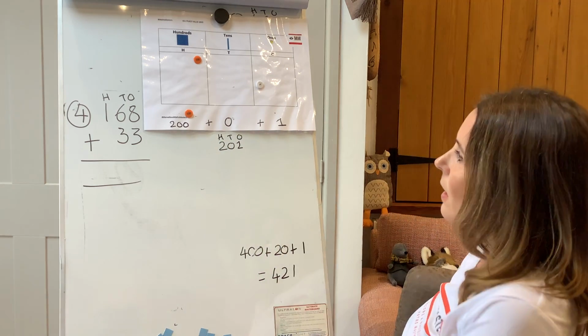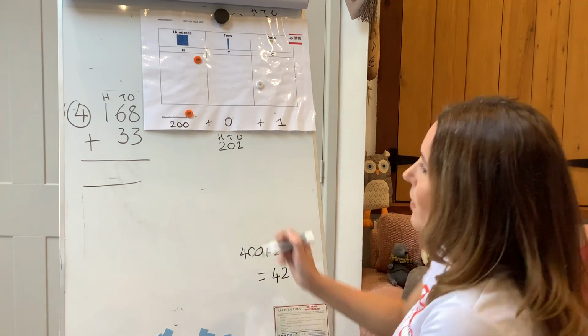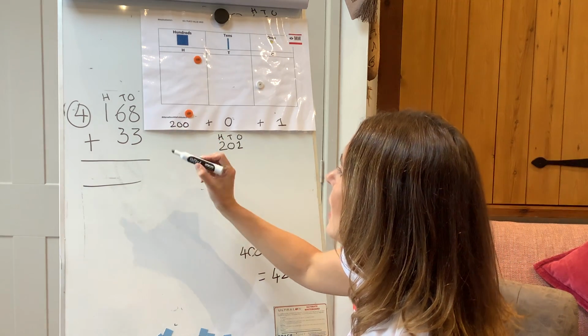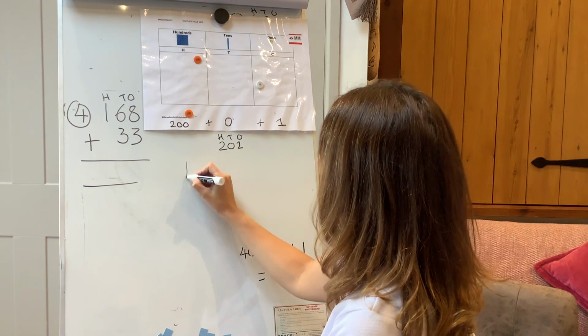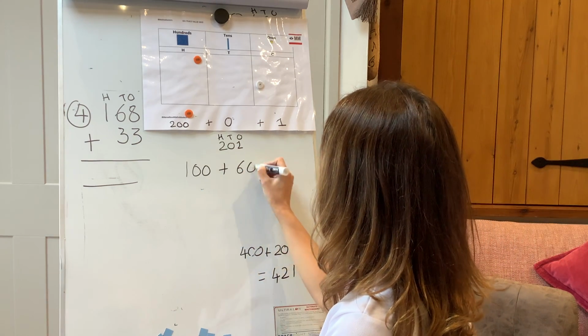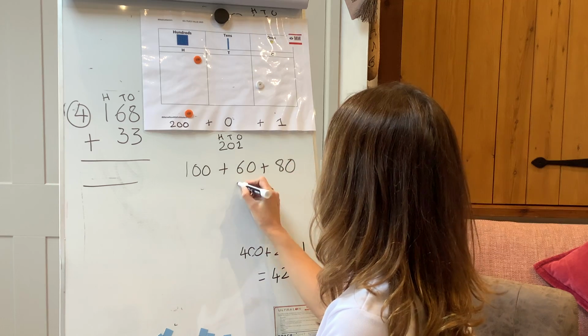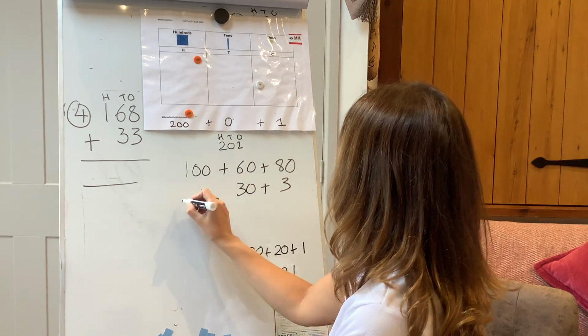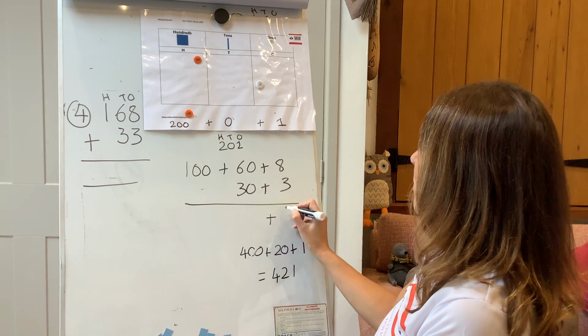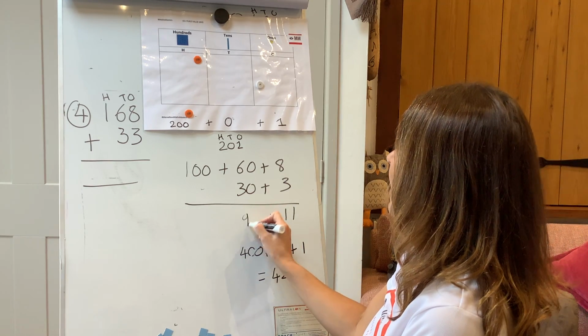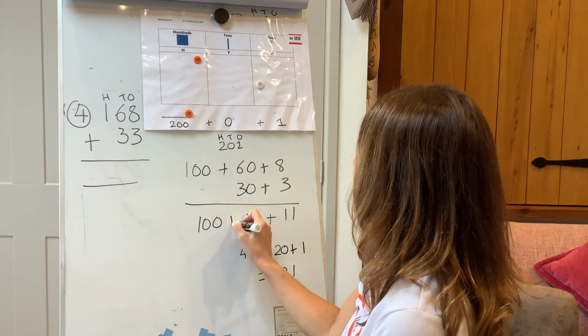201. Now if we look at it using the column method, we've got 8 and 3. I'm going to show you the expanded first. 160, add 80, add 30, add 3. Sorry, add 8. So 8 and 3 makes 11, 60 and 30 makes 90 and 100.